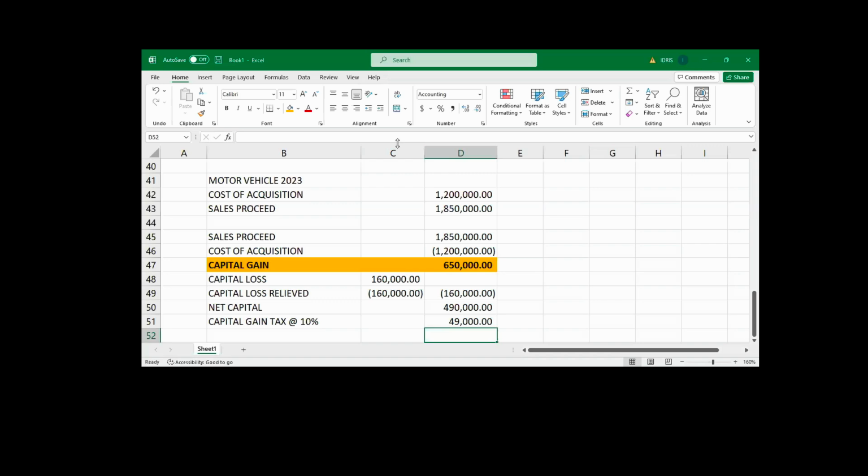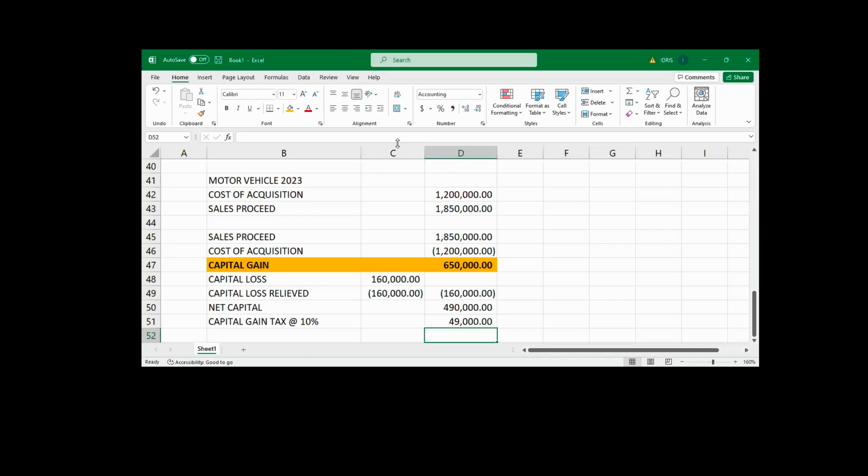I will have questions relating to the treatment of capital loss, because capital loss is a new area. It was introduced by Finance Act 2023, effective from the 2024 year of assessment. Do you understand?